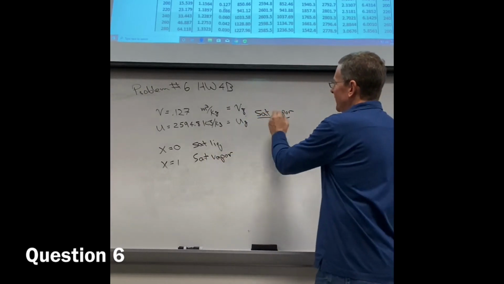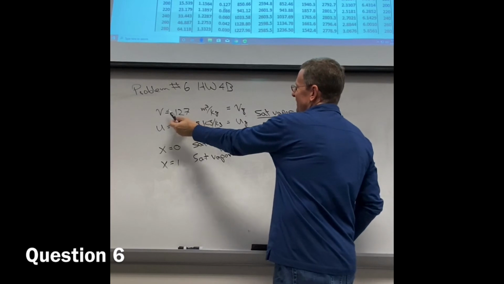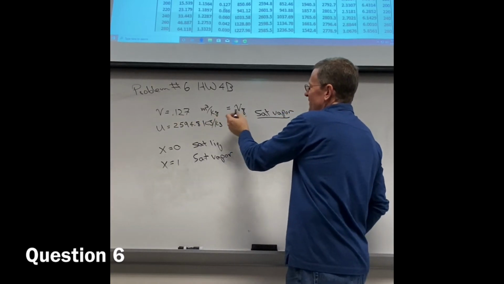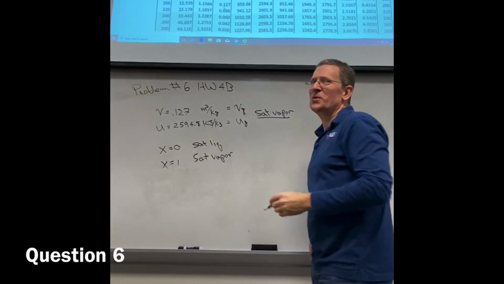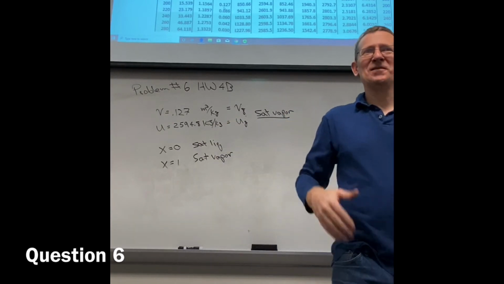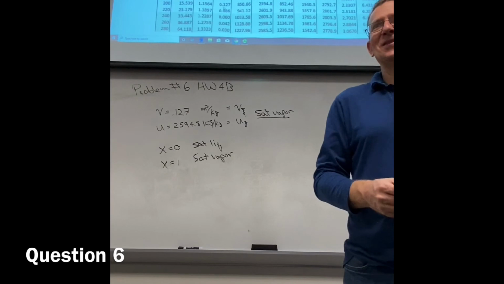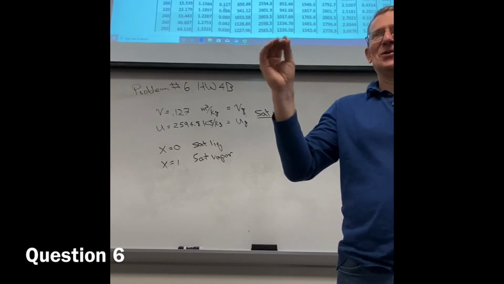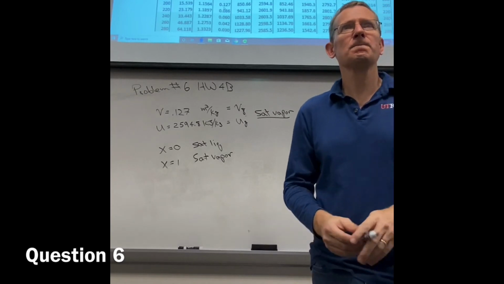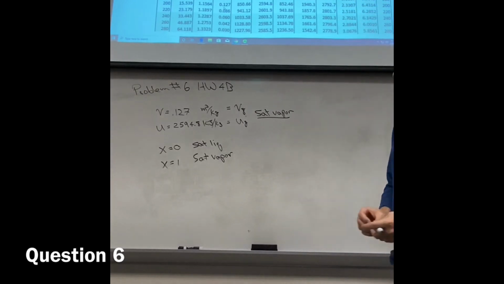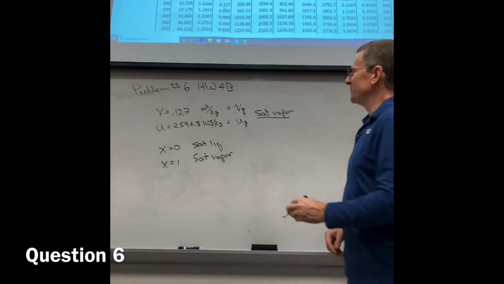So where this would get tricky is if V is between VF and VG, and then U is outside the range of UF and UG. It's possible that it still could be a saturated liquid vapor mixture, just depending on how close you were to UG. If it's not UG, we'll have to interpolate. You'd have to do linear interpolation and figure out what UF and UG would be.